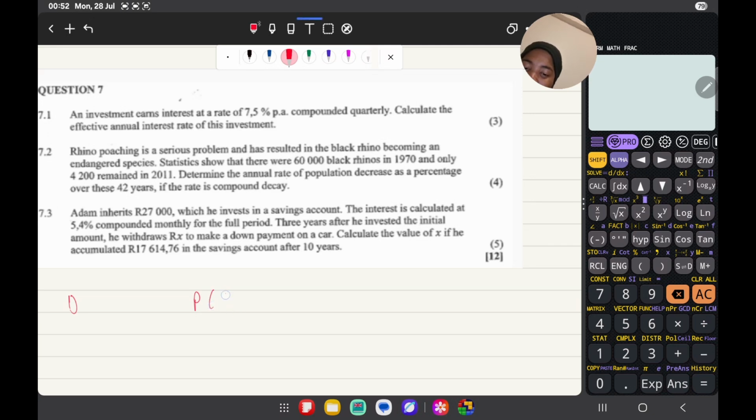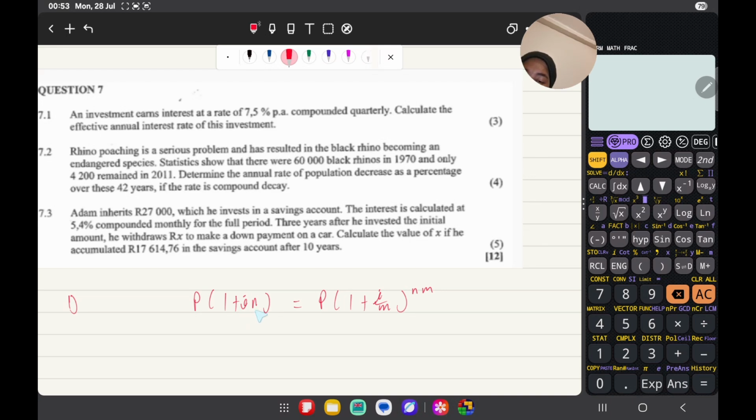It's like P(1 + i·n) equals P(1 + i/m)^(nm). So the idea is, you have your simple interest equation being equated to your compound interest equation, but as for the number of years it's 1.